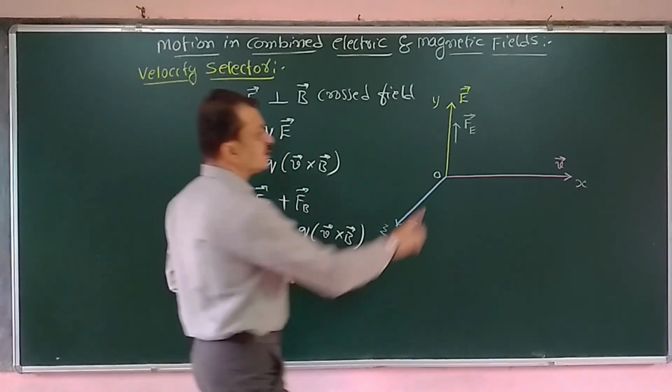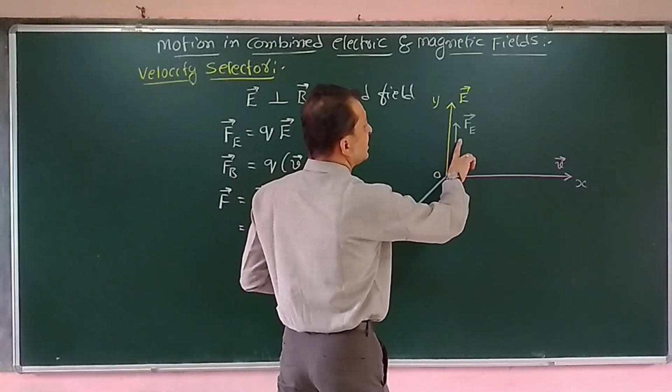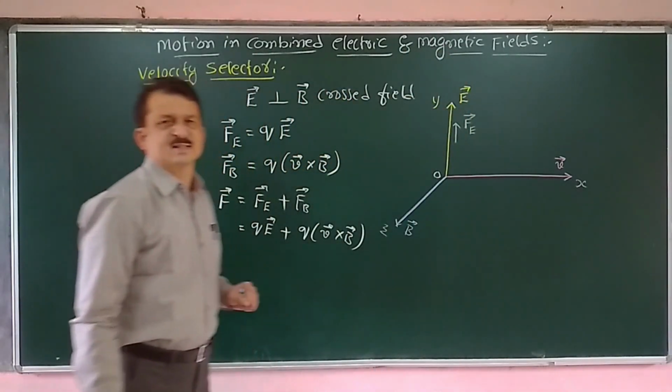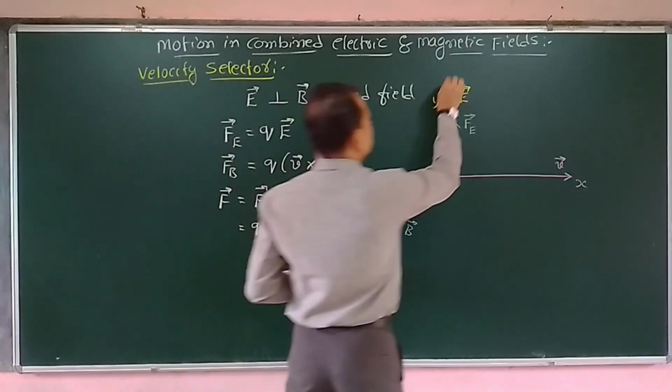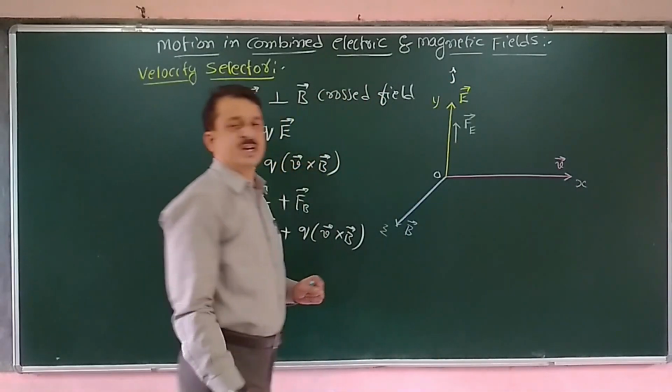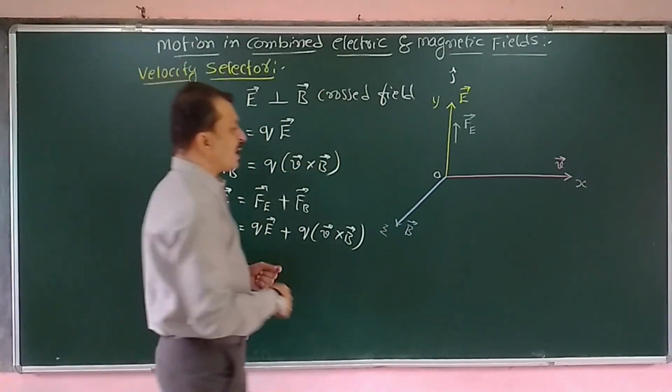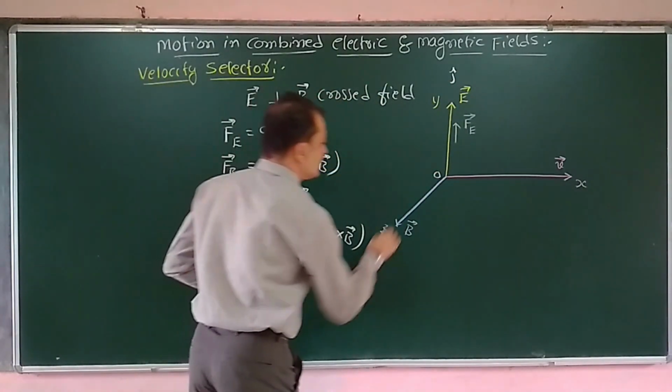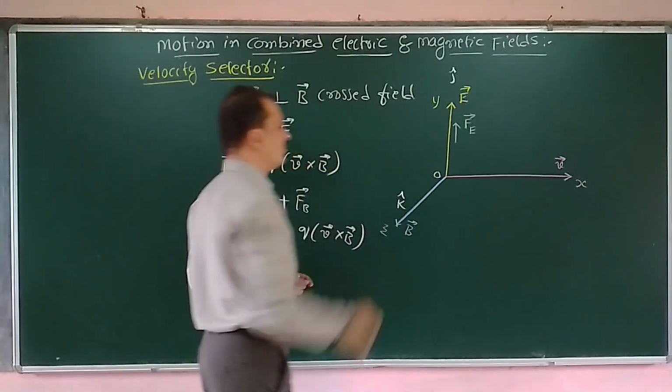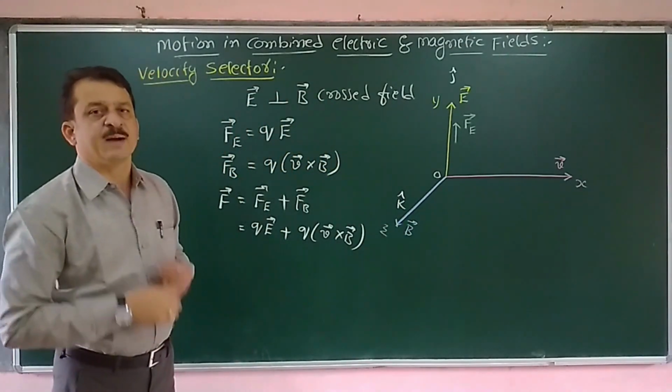Now look here, the electric field is along the y-axis. Therefore, the unit vector along the y-axis is j cap. And the magnetic field is along the z-axis. The unit vector along the magnetic field, that is z-axis, is k cap.